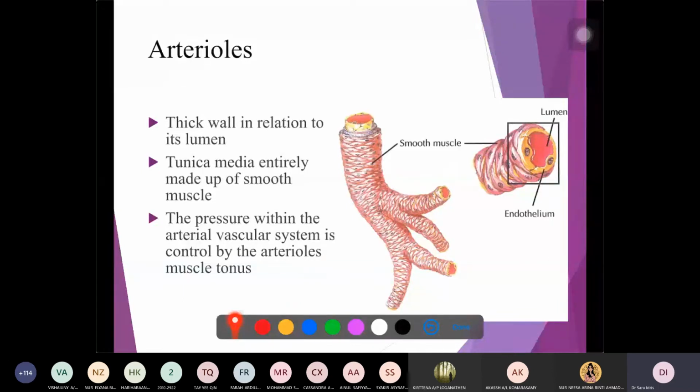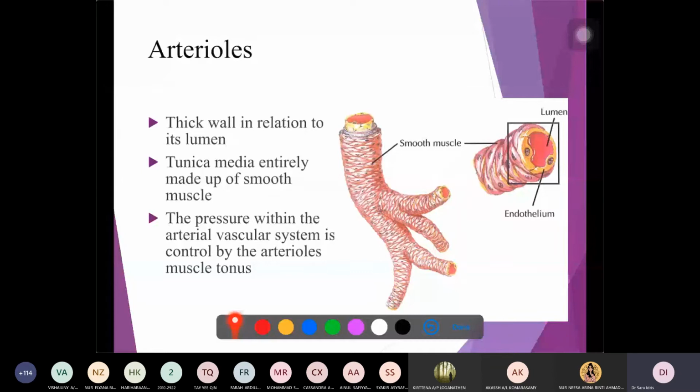The tunica media is entirely made out of smooth muscle. You don't find any fibers in there. And it enables the arteriole to contract or constrict or dilate. This allows for the control of blood pressure within the arterial system.